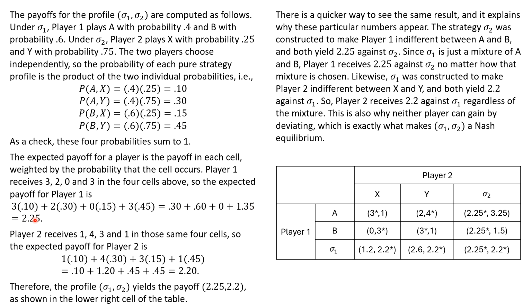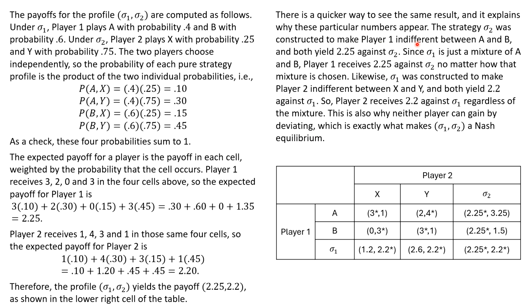We add those up and we get 2.25, and that's what goes in here. Then we do the same thing for B, except we're just working on the second component here. So it would be 1 times 0.1 plus 4 times 0.3 plus 3 times 0.15 plus 1 times 0.45. These terms here, and you add those and you get 2.2, and that goes in here. Okay, so this is the payout, the expected payout if player 1 and player 2 play these mixed strategies.